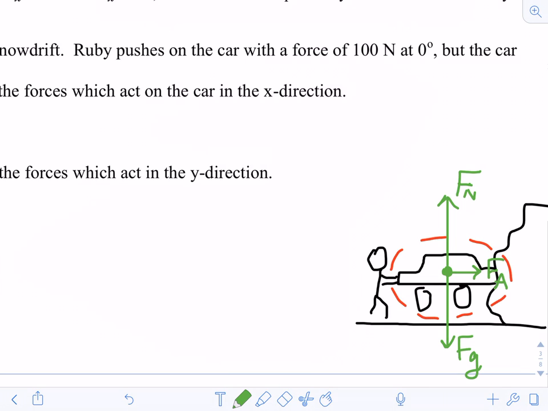Anyway, she has an applied force that is to the right. And then we have the snowdrift, which is pushing back to the left, right? So that's another applied force.